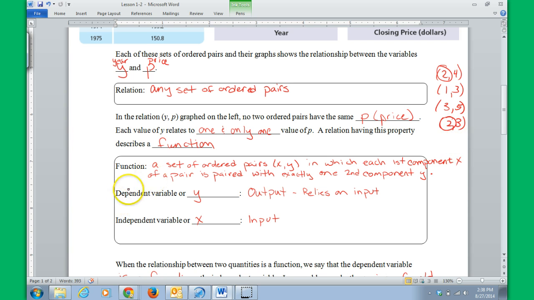So moving on here, it says the dependent variable, or y, is the output. It relies on the input, which happens to be the independent variable x. Normally we look at something and it'll say y equals 2x plus 3. Usually when you have a variable on the left side of the equation, that's the dependent variable.